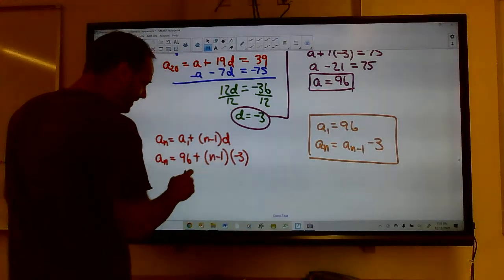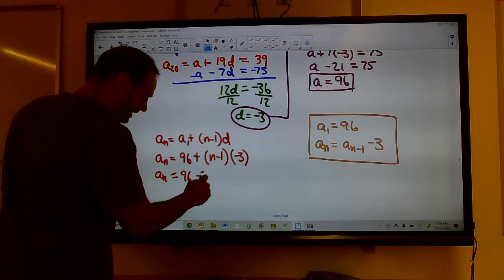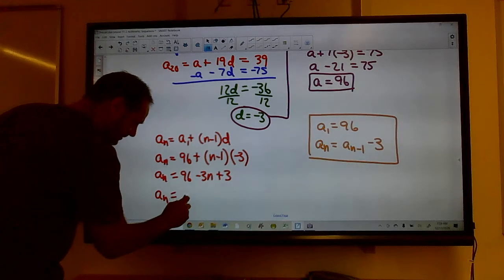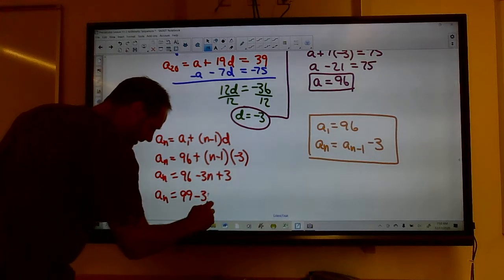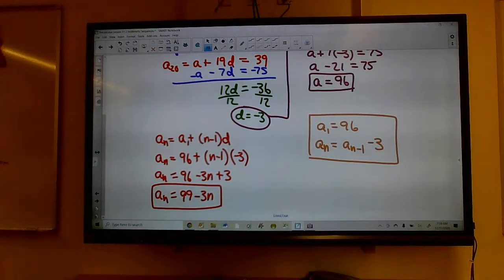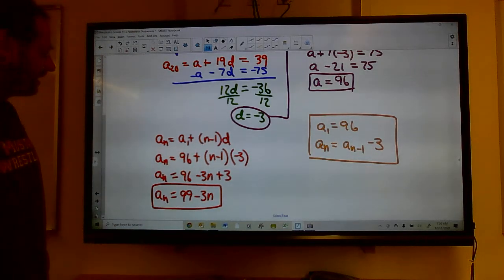Now I distribute that negative 3, so a sub n is 96 minus 3n plus 3, and a sub n is 99 minus 3n. And there you go. If I want to know the 52nd term, I just plug 52 in here and figure out what a sub 52 is.